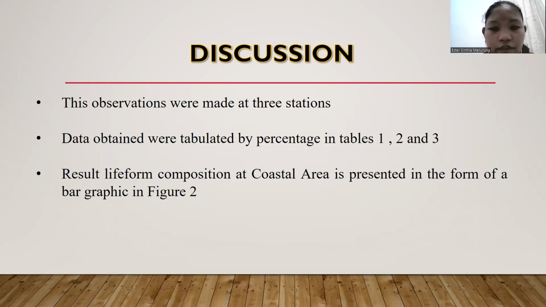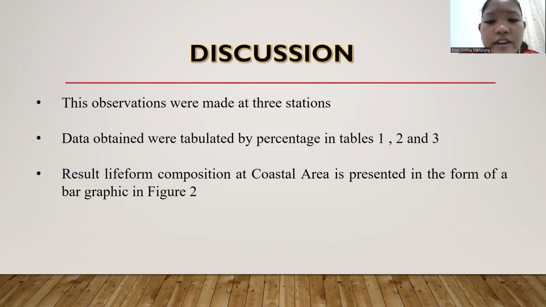The live coral cover reached 77.66% at Station 1 and 75% at Station 2, both indicating excellent coral reef health.